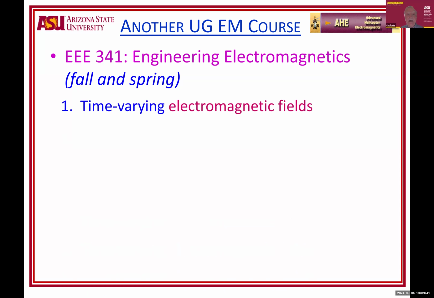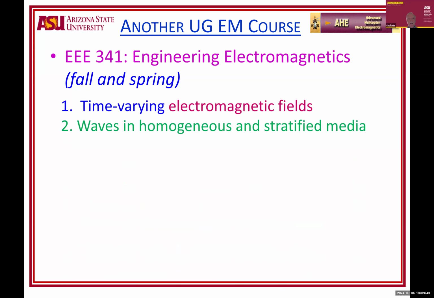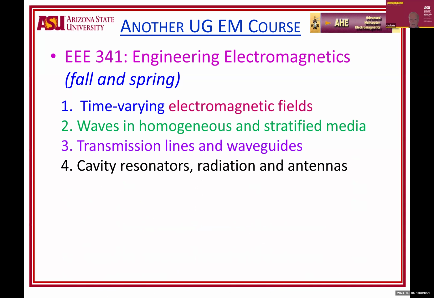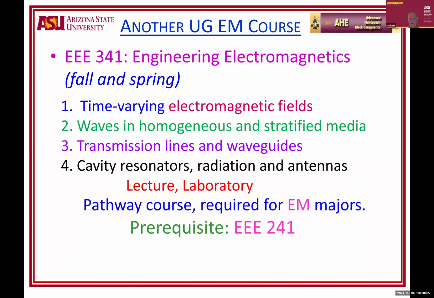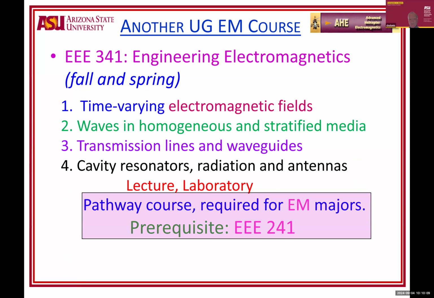Again, primarily time-varying fields, homogeneous and stratified media, transmission lines, waveguides, resonators, cavities, in other words, radiation, like antennas. We cover that in lecture, and there's a lab associated, required for EM majors. That's right.